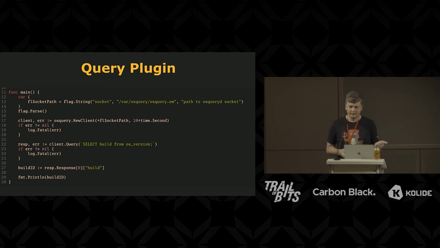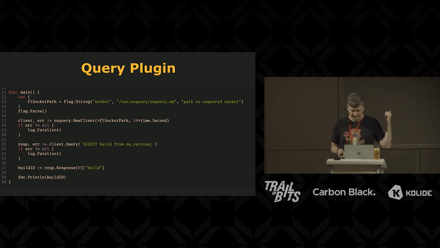I've started using this for Monkey, our software management tool for macOS, which has something called conditional items. So you can say, I want to install Adobe Photoshop only if this person has a license, and osquery can tell me if this person has a license already through some means.